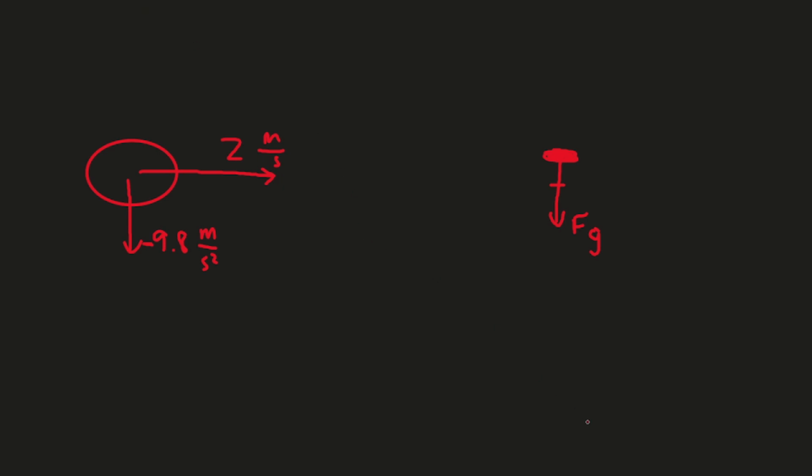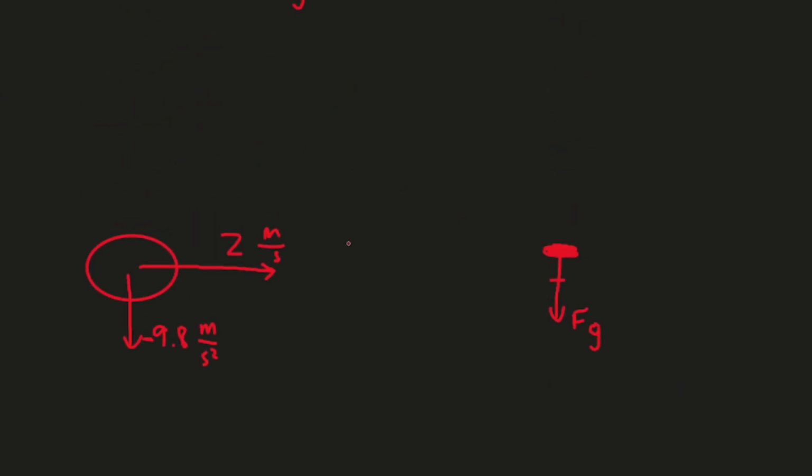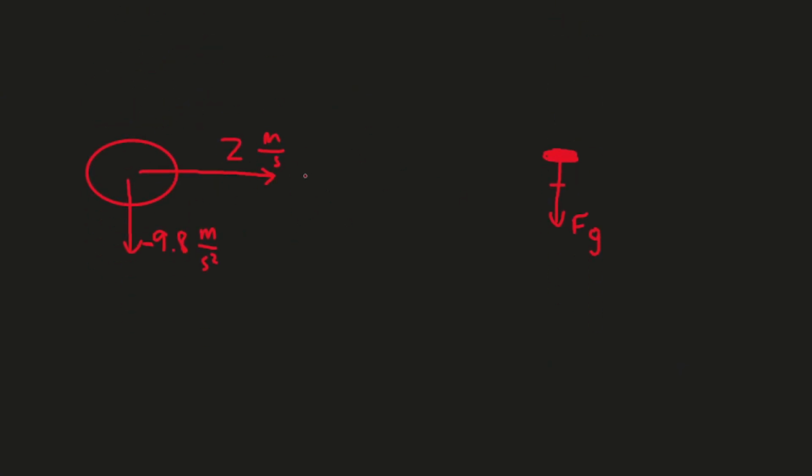Okay, so now we're going to be talking about kinematics. So the first equation we're going to be talking about is for constant velocity. We can see in this example the ball is moving at a constant velocity of 2 meters per second to the right.